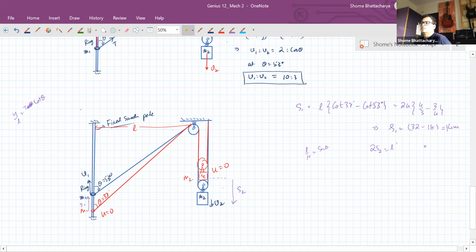So S2 would be 24 by 2 into cosec 37 minus cosec 53, which is 5 by 3 minus 5 by 4. So 60 by 3, that is 20, minus 60 by 4, that is 15. So it's 5 meters. So Ganesh, have you got the same values of the displacements S1 and S2? Just check these out.